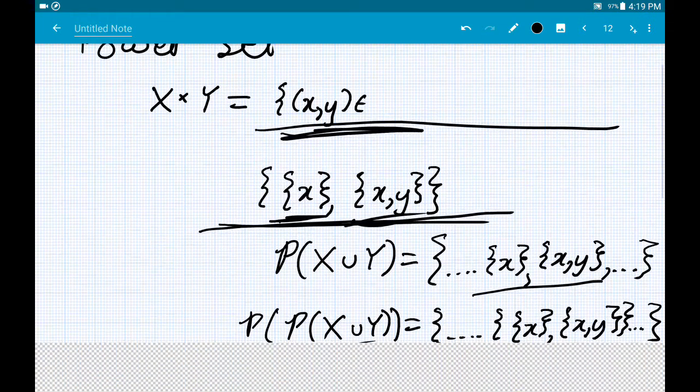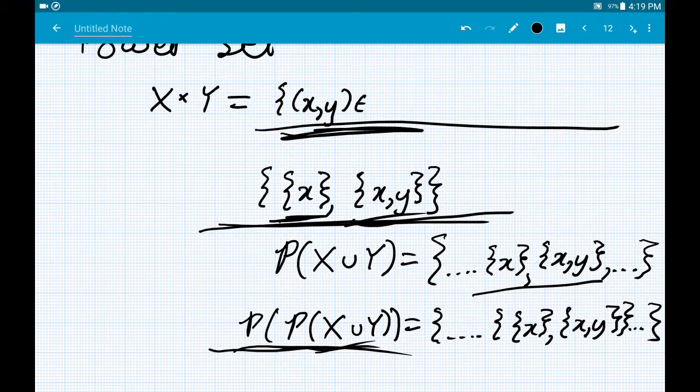Now, we don't want all of those, because this set will also have things that are not just ordered pairs where the left coordinate comes from x and the right coordinate comes from y. We'll also have ordered pairs where the left element comes out of y and the right element comes out of x, and we'll also have other things that we wouldn't even regard as ordered pairs.